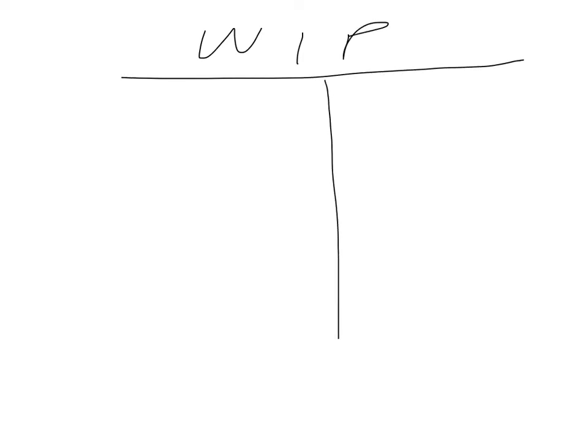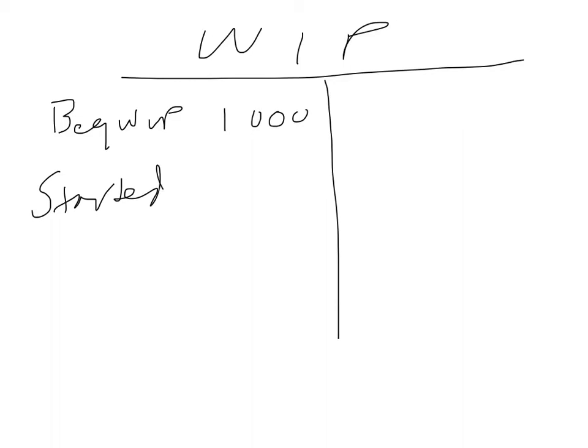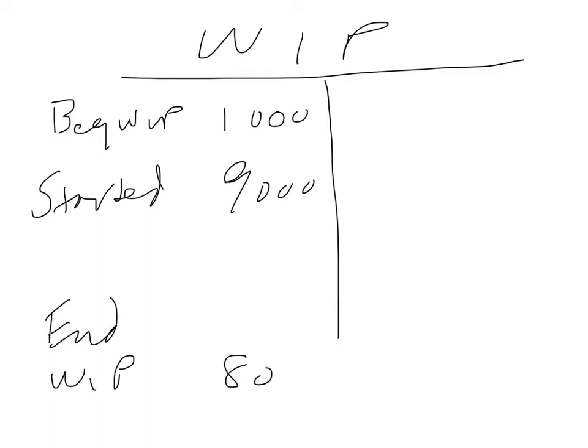In the problem, we have a work in process account set up for us with a beginning WIP of 1,000, and we have units started of 9,000, and our ending WIP inventory is 800 units.